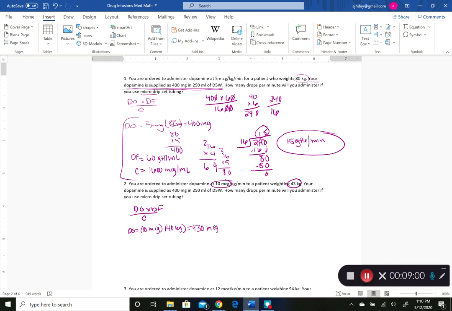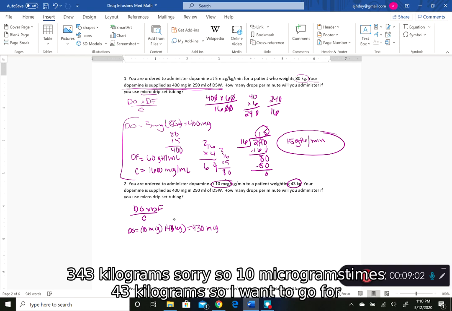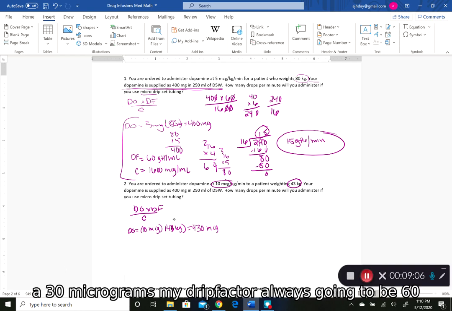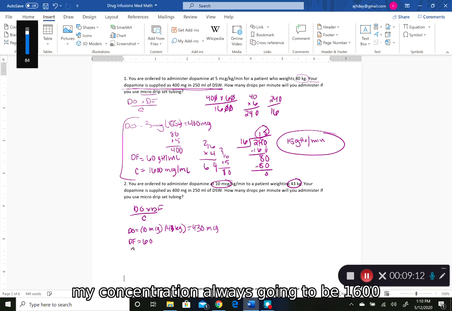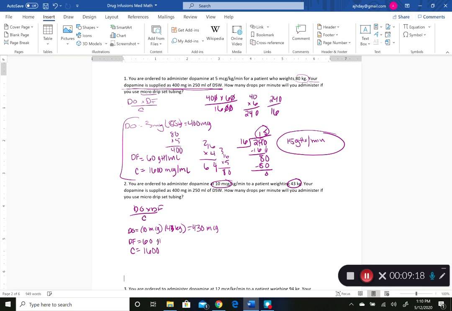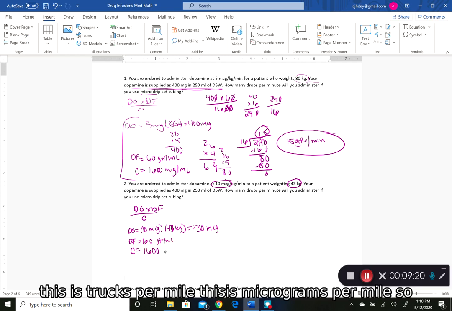Oops, it's supposed to be 43 kilograms, sorry. So 10 micrograms times 43 kilograms. So I want to get 430 micrograms. My drip factor, always going to be 60. My concentration, always going to be 1600. This is drops per mL. This is micrograms per mL.